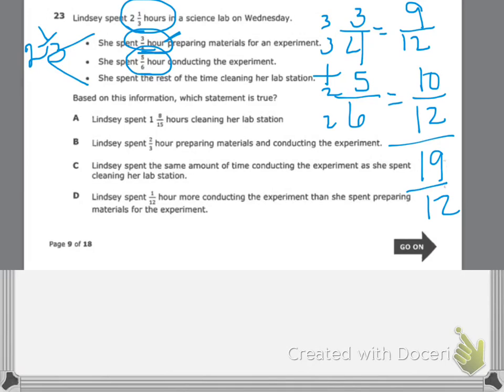Now I'm not going to worry about putting them as a mixed number yet, because what I want to do is figure out how long she took to clean the lab. So I'm going to start with 2 1/3 hours, and I'm going to subtract 19/12. Now I'm out of room here, so I'm going to go over to a blank page.